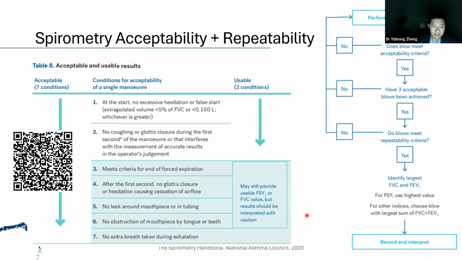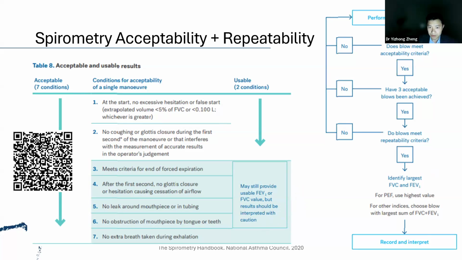And if you meet the criteria for end of expiration, so that is the plateau appearance and/or duration, and there's no glottic closure after the first second, or hesitation or leak or obstruction of the mouthpiece or extra breath taken, then the FVC may be representative.